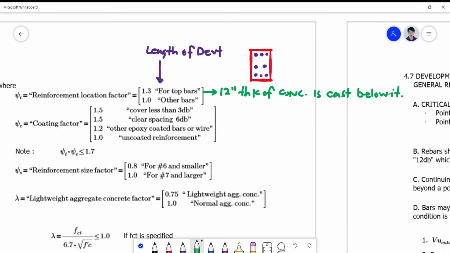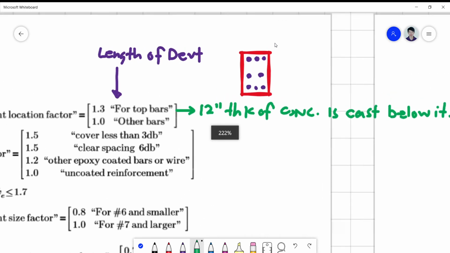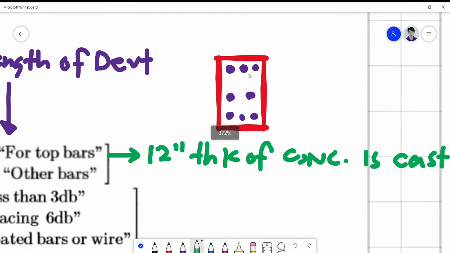Okay, so if we have here in our drawing three bars, this layer of bars, which involves, of course, three reinforcement, we are now talking of the amount of concrete which is present below it. Okay, so we have to measure at the bottom of this bar up to this part here.